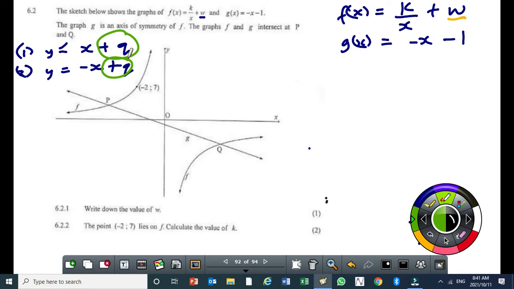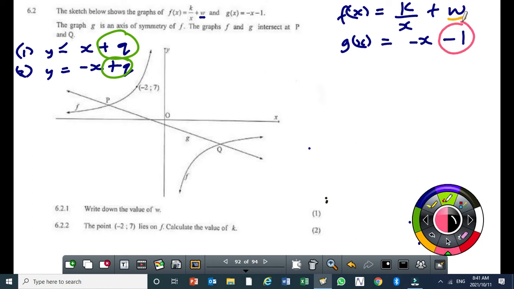Okay, so our equation of line of symmetry here is g of x equal to minus x minus 1. What that means is this minus 1 here is equal to q based on how I taught you. But based on this question here, that minus 1 is going to be equal to w. Because w is equal to p for this question. So it's equal to q for this question. Right?